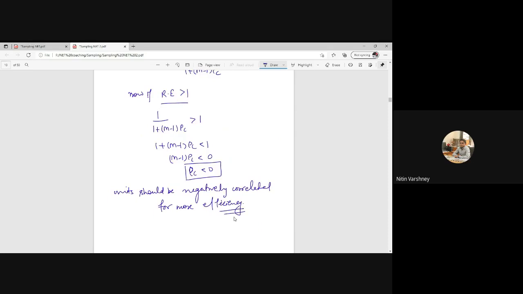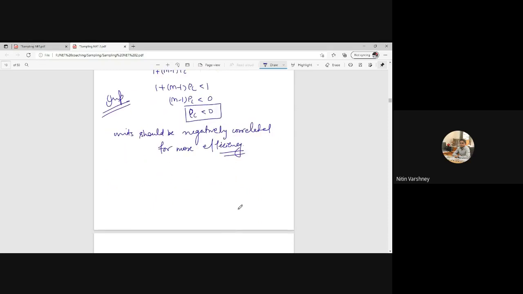Now if the correlation is negative, it means the units are more heterogeneous. So that is what we are saying, that the cluster should be heterogeneous within. So that is also an important result, that variability within the cluster should be more, and the units should be negatively correlated. Okay.